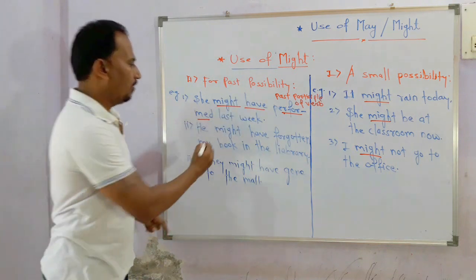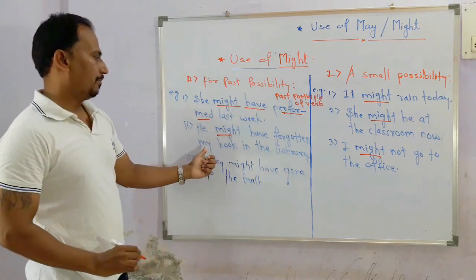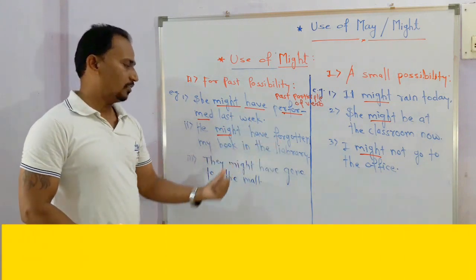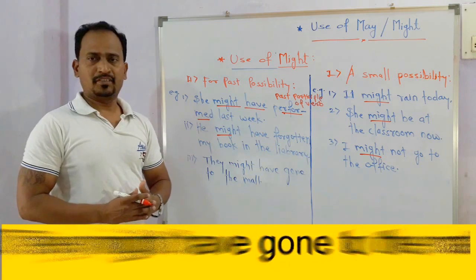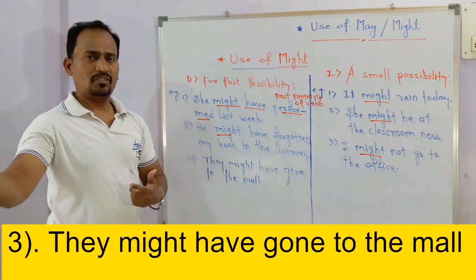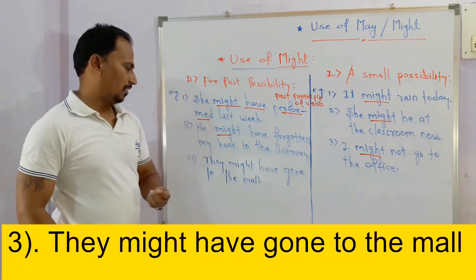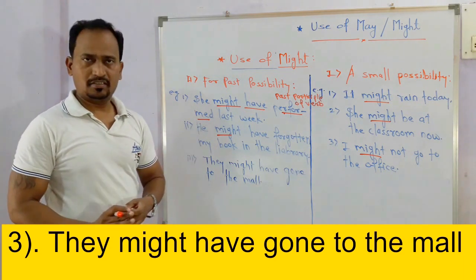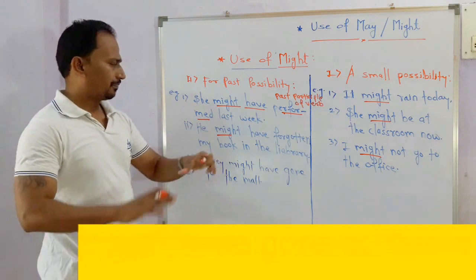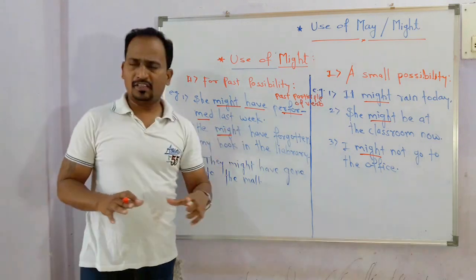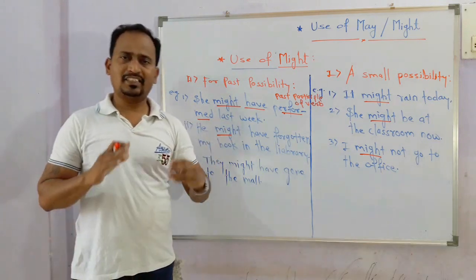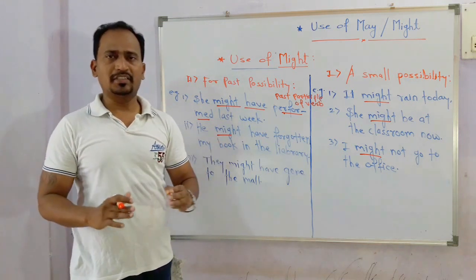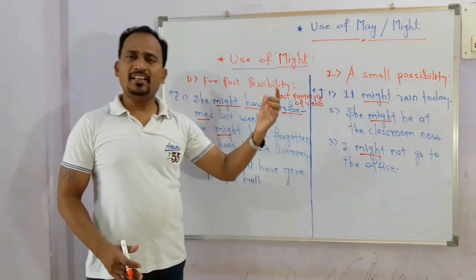Okay, he might have forgotten my book in the library. They might have gone to the mall. So there was a possibility of their going to the mall. So now I think you may have clearly understood the difference between may and might.